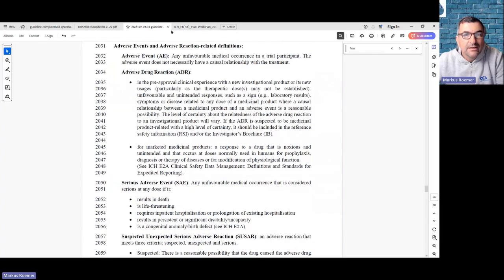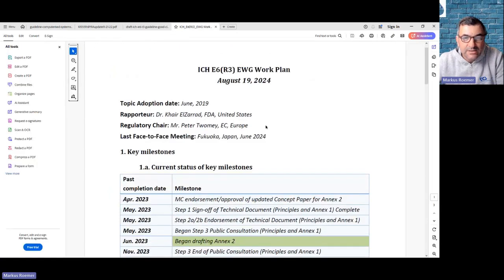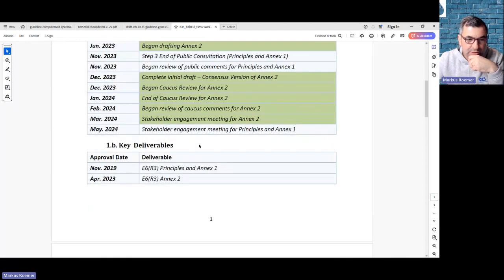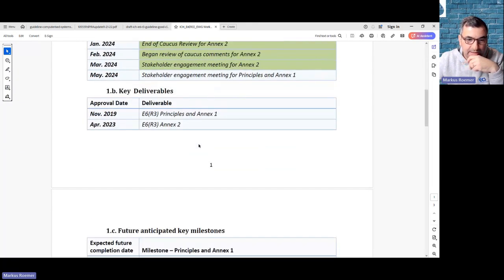Okay, so what you find also on the ICH website is the work plan. By the way, ICH guidelines have 5 steps. 4 basically is the final, 5 is then implementation at the EMA, Japan and US FDA.